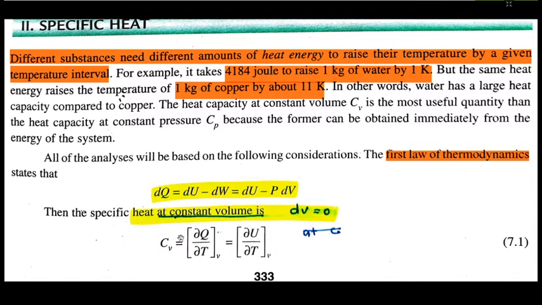So the rate of change of Q with respect to the rate of change of temperature, and therefore on the RHS I can write du by dt. That is nothing but, as dV is constant, Cv. C is the specific heat, and the suffix V gives me permission to write it as constant volume. So Cv is equal to dq by dt, which is nothing but the rate of change of total energy associated with the system with respect to temperature.